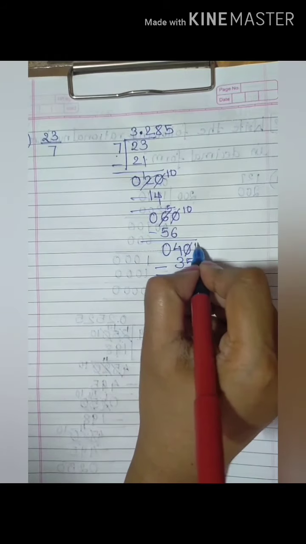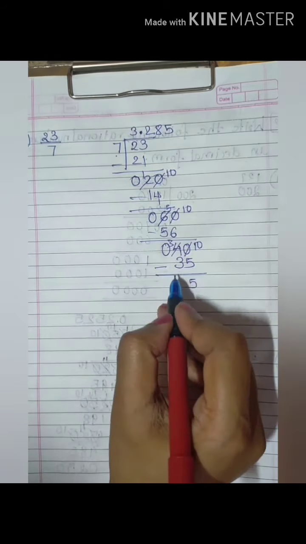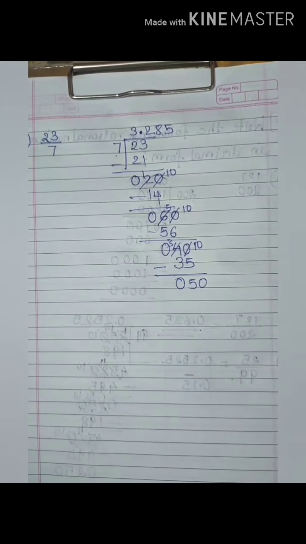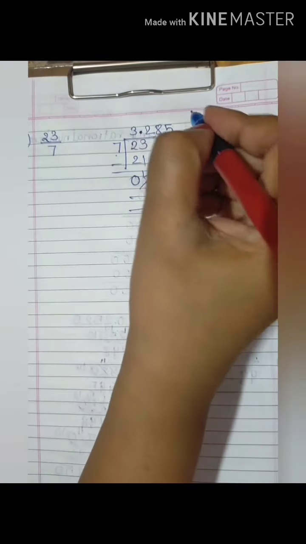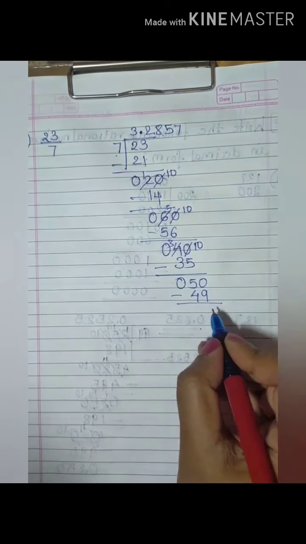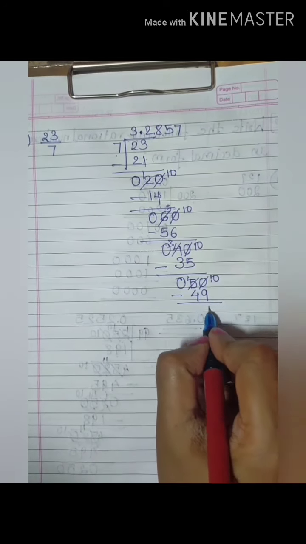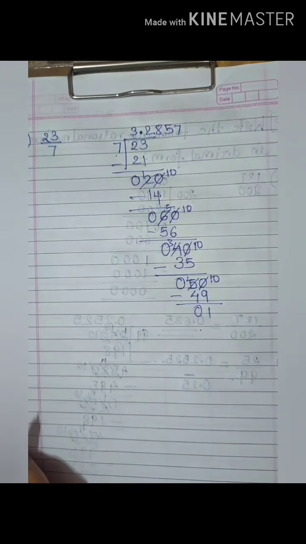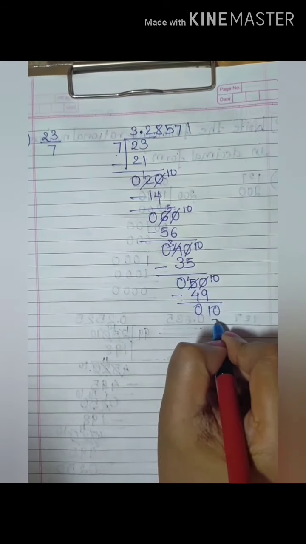Again this will become 10, this will become 3. 10 minus 5 is 5. 3 minus 3 is 0. Again we are taking 0 here. Then again 7 7s are 49. Again this 10 and this will become 4. 10 minus 9 is 1. 4 minus 4 is 0. Again we are taking 0. 7 1s are 7.